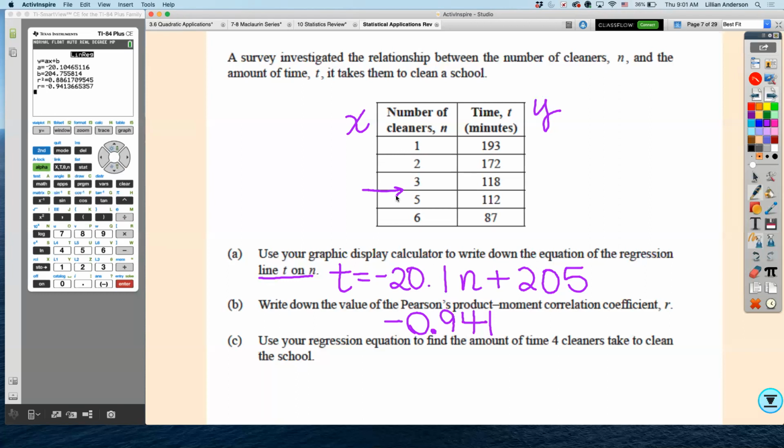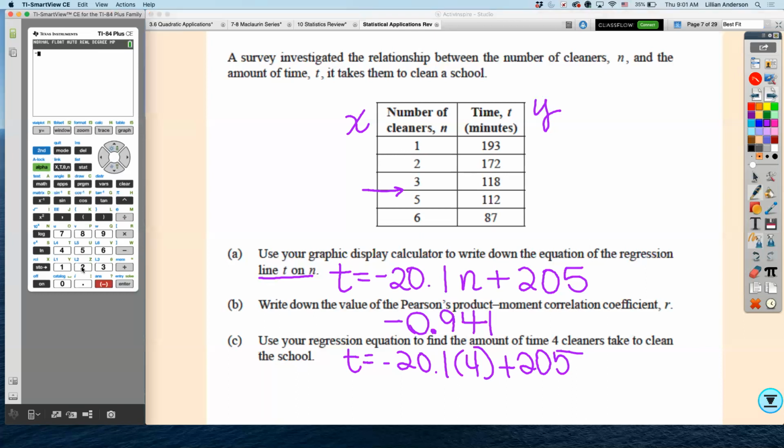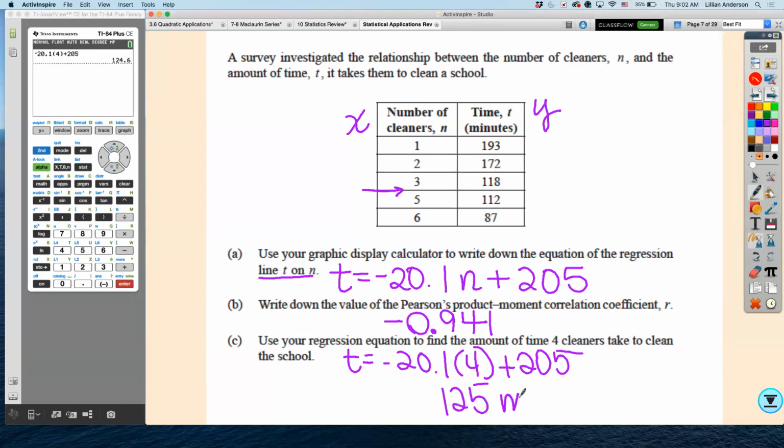Am I plugging it in for T or am I plugging it in for N? For N. Very good. And so I use the equation. We do use the rounded because that is the equation that we wrote down, and we get our respective answer. Time, 125 minutes.